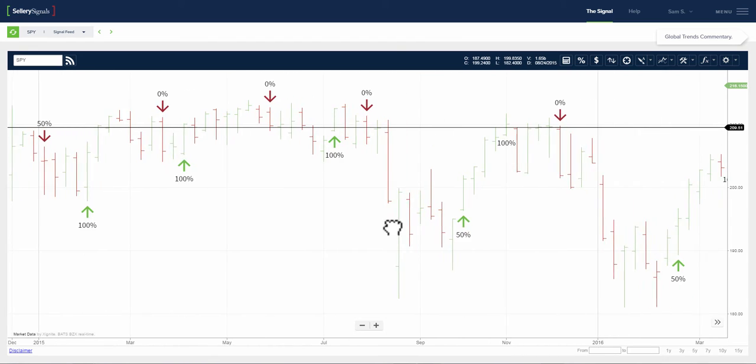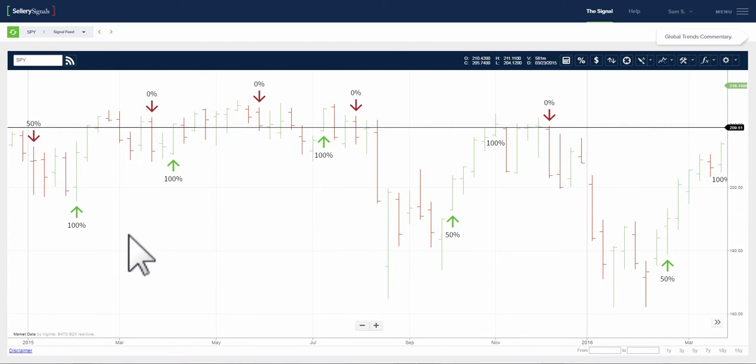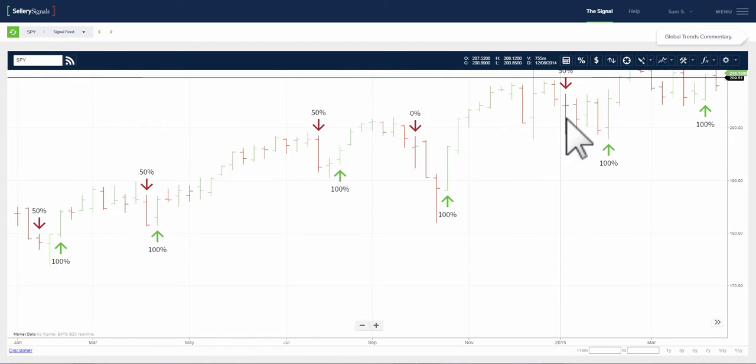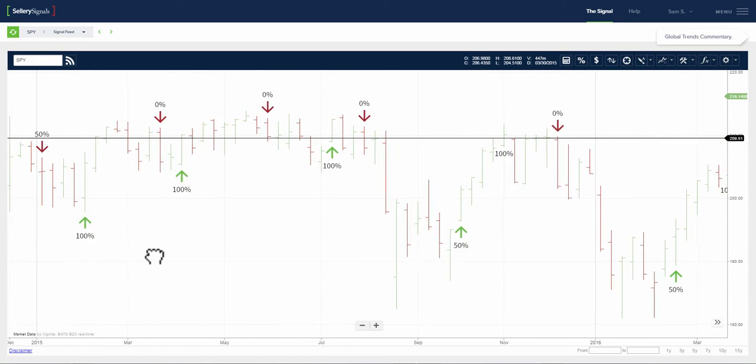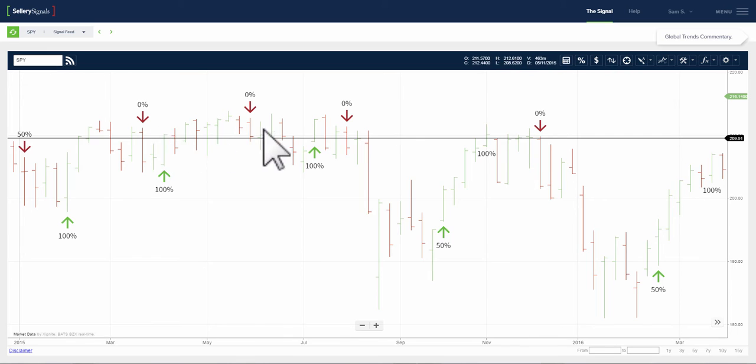Now, let's look at it in a consolidated top. Okay, so we're coming off this rising environment here in the S&P, and we're consolidating at the top of 2015-16 into a bearish segment here in the middle of 15 and the middle of 16. So you can see that the 100% entries still exist. That's because the longer term algorithm is saying, hey, we still recognize that the price is trying to rise.